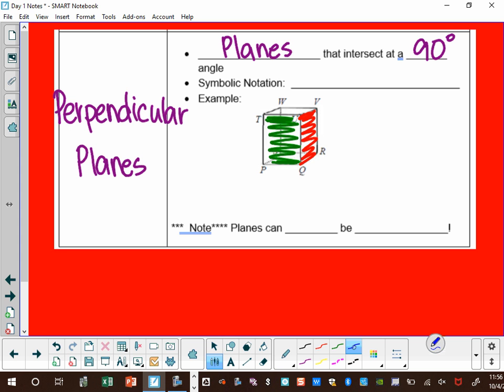So that means these two sides are perpendicular because they meet here, which is a right angle. Planes cannot be skewed, so another face of the plane will always either be parallel or it will be perpendicular.